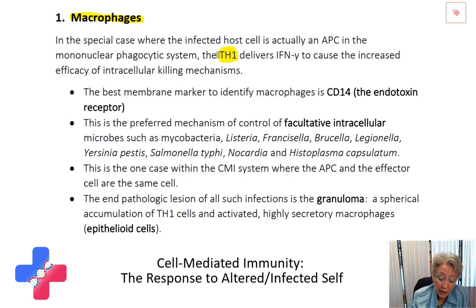Now, for my monocytes and macrophages, my most distinctive CD marker is CD14, which is the endotoxin receptor. And of course, we'll be talking about that a little bit later on. But this is the preferred mechanism of control for microbes that I refer to as being facultative intracellular.